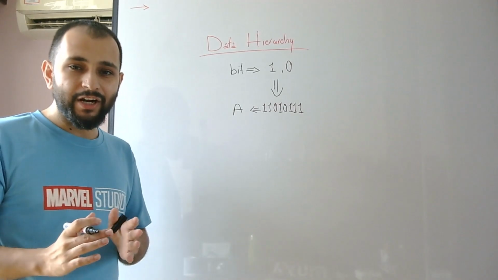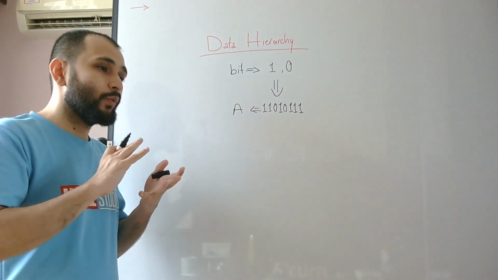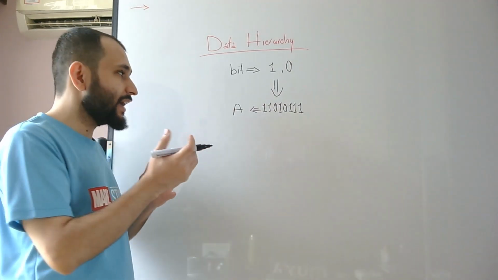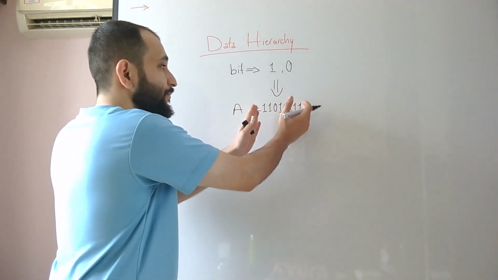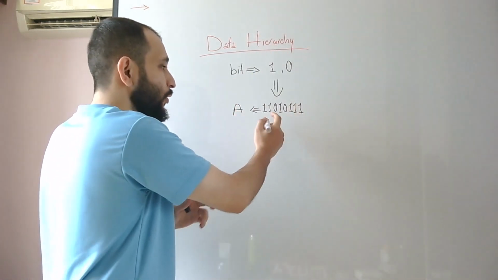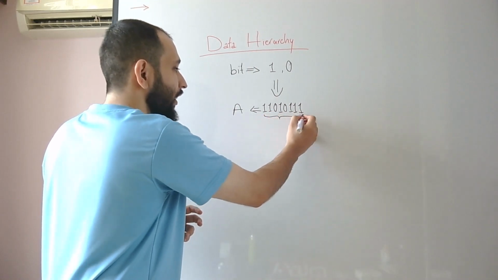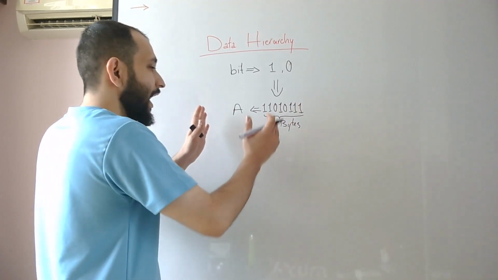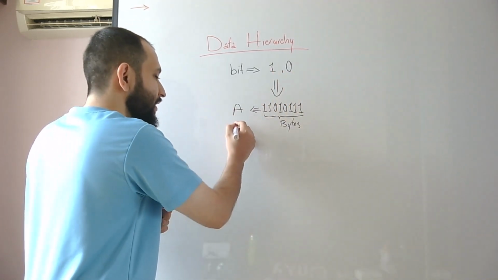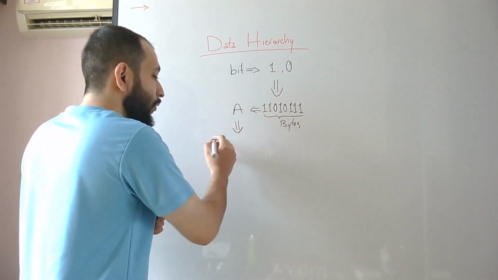From there, the next step is that we make this data more complex and we add bunches of these combinations of bits, which we usually call bytes as well. We combine these bytes, and a few bytes will make up a word.